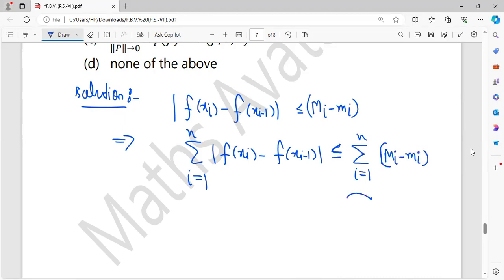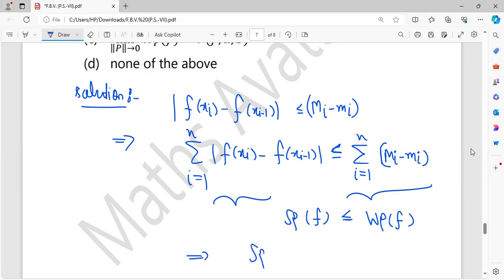What is this? This is nothing but equal to W(P,F). And this is S(P,F). Okay. So this implies S(P,F) is less than W(P,F).